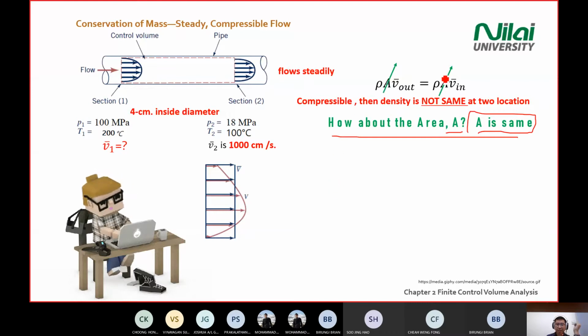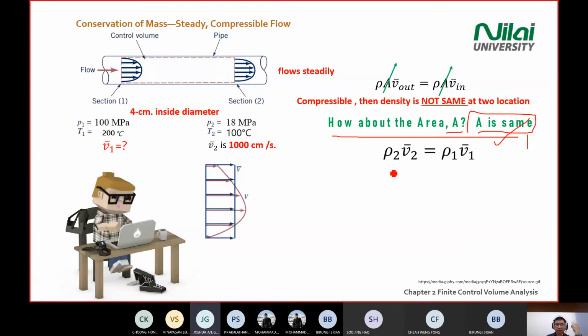You don't just cancel and leave it blank, then let me guess what you are trying to say. So in the exam, when you cancel, write that A is the same. This statement gives you 1 mark. Then you cancel and continue with the calculation.